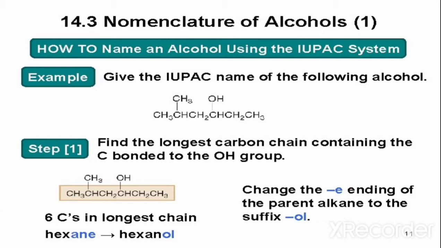The first step is to find the longest carbon chain containing the carbon bonded to the hydroxyl group. So firstly, we will see the parent chain and the number of carbons present in it. There are 6 carbons in the parent chain and it is the longest chain, so we will name it hexane. We will convert it into hexanol because it contains a hydroxyl group.